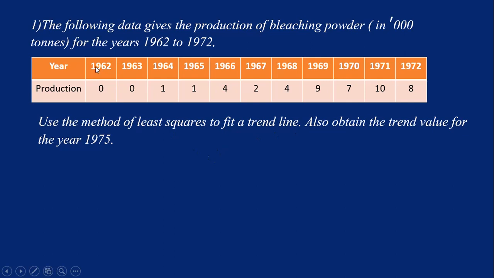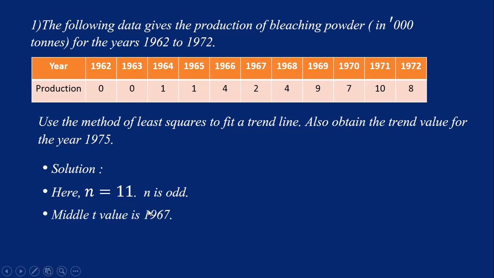Now if we observe, these are 1 2 3 4 5 6 7 8 9 10 11. So n is equal to 11, that is, an odd number of observations. In this presentation we are going to solve the example which has an odd number of observations, that is, n is odd. So here n is equal to 11, n is odd.